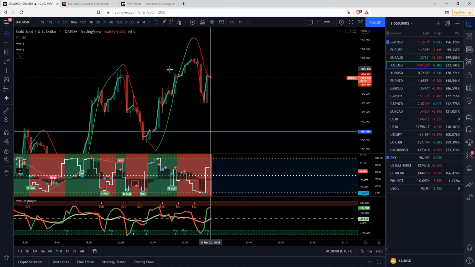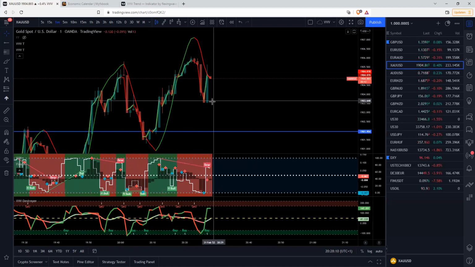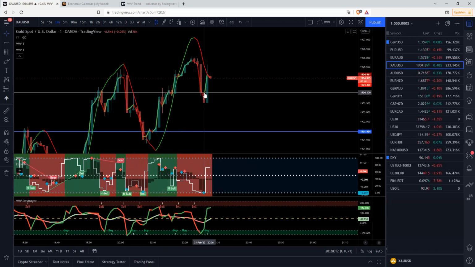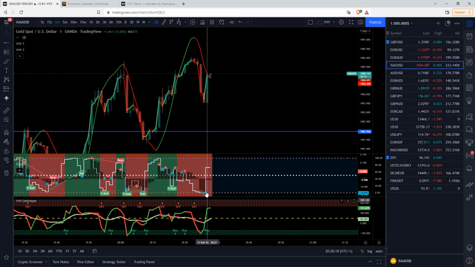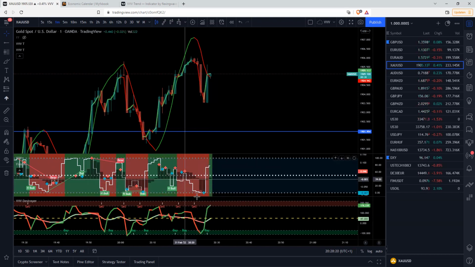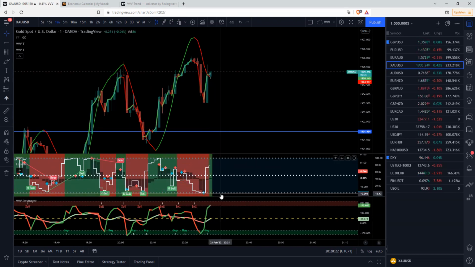Even if this happening, because it's already here, this would turn into green and the volume reached the oversold zone here. All right, what I was also looking for is how the flex div moving on the VVV plus actually.